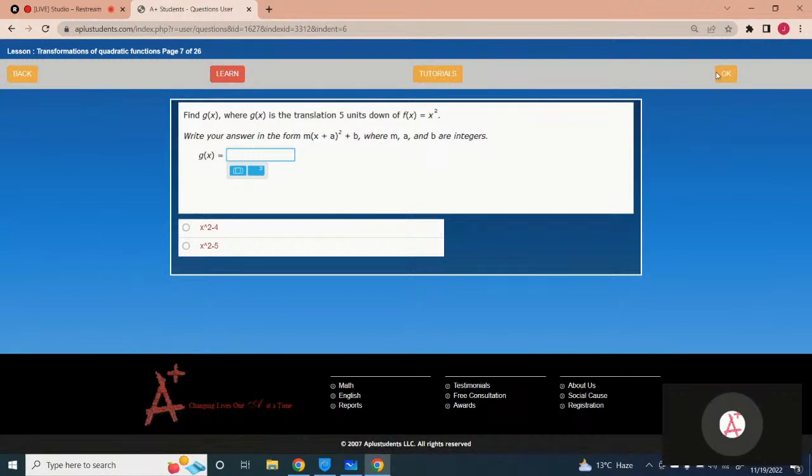Again, g of x is the translation 5 units down. Yes, it would be the second one.